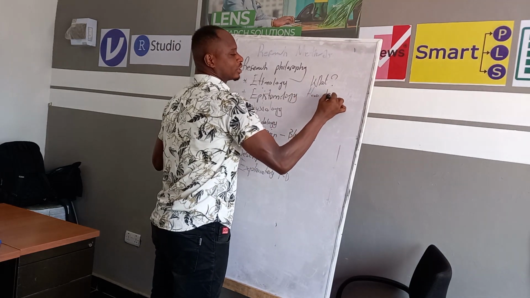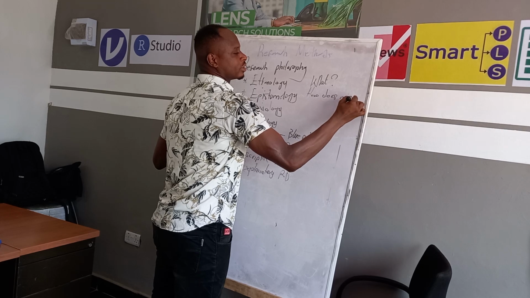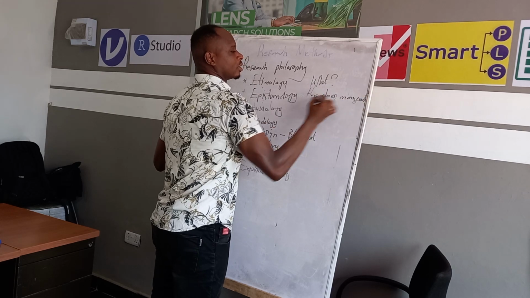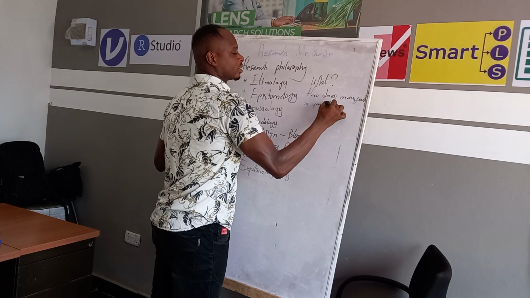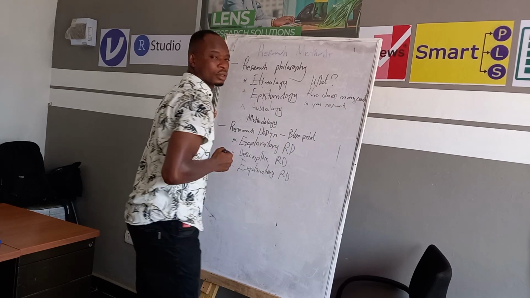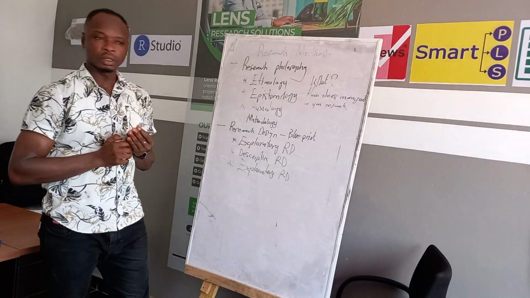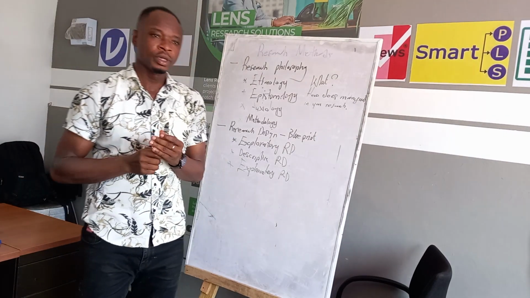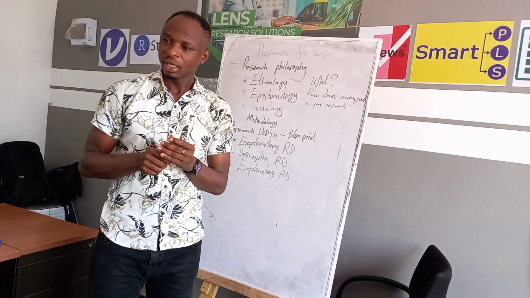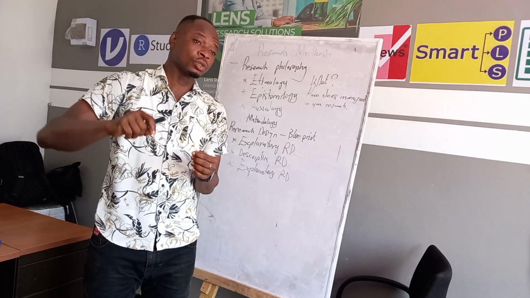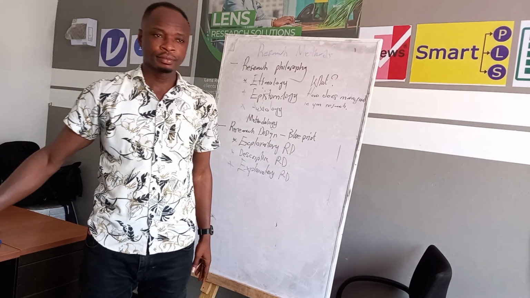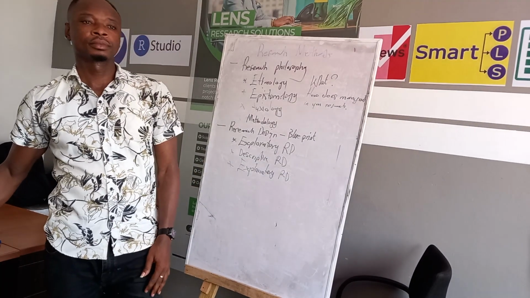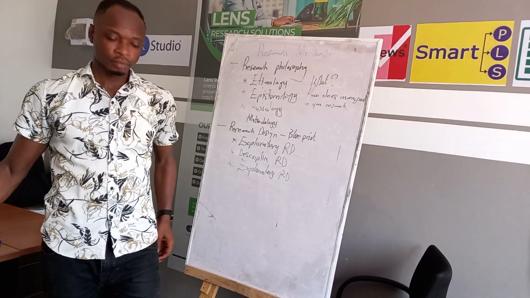How does it manifest or work in your research? Okay. If you pick any of them, tell us what it is and tell us how it manifests or works in your research.